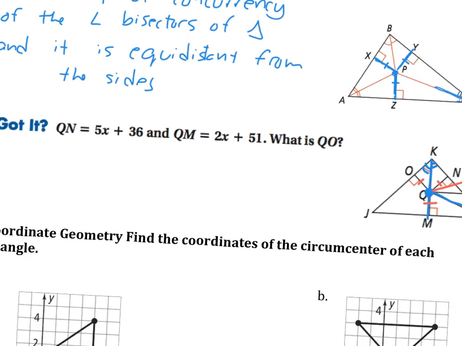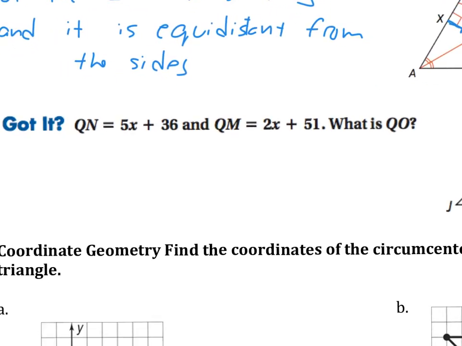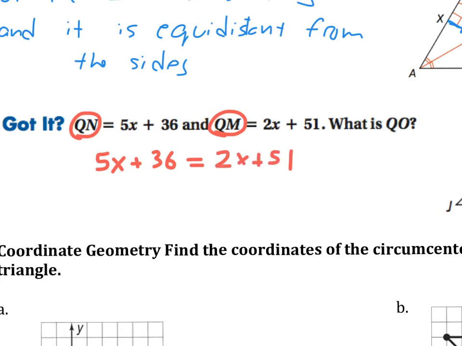Because of that, we're asked here to find out what the value of X is, or first we have to find out what QO is. But I already know that because Q is the incenter, these two are going to be the exact same size. So 5X plus 36 is equal to 2X plus 51. And then X is 5.